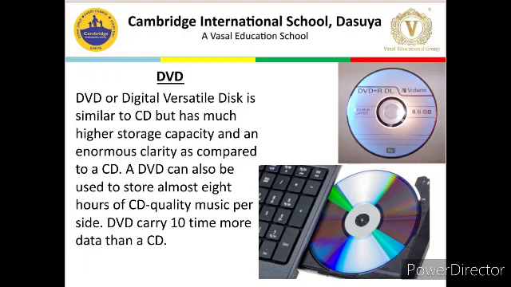There are a number of DVDs available in the market like single side single layer DVD, single side double layer DVD, double side single layer DVD and double side double layer DVD. The difference between all those is the storage capacity.